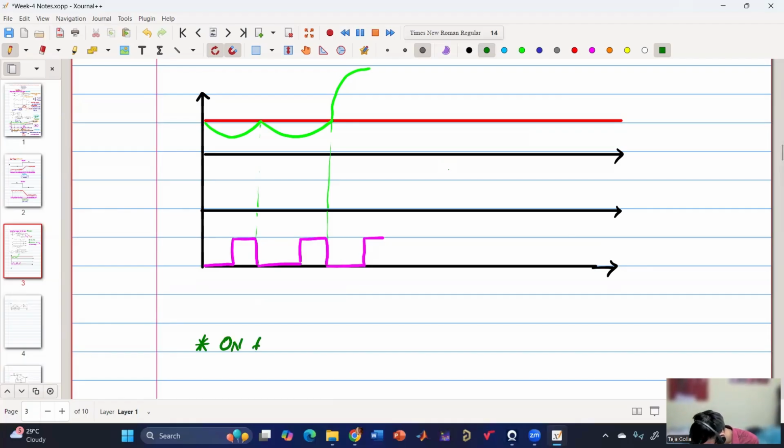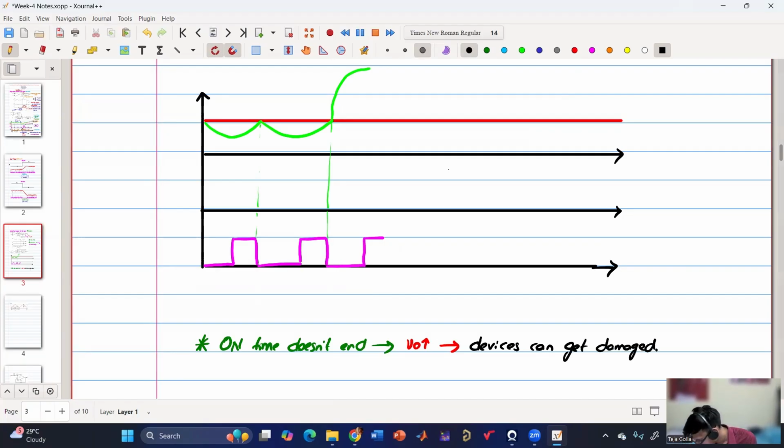So V naught will increase and the devices can get damaged. There V naught is collapsing to zero. Here V naught will keep on increasing and the devices will get collapsed or damaged.